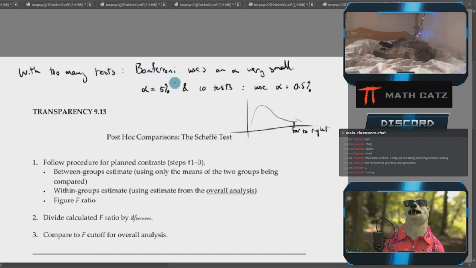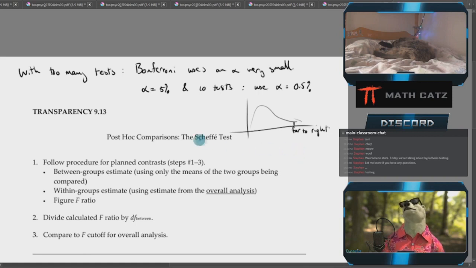This easy fix adjustment to avoid the type 1 error blowing up doesn't quite work as well when I have so many tests and I have to go look for any combination.